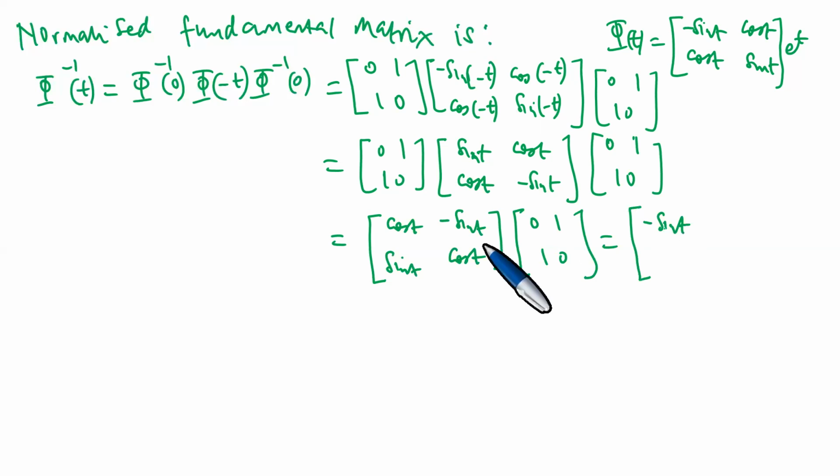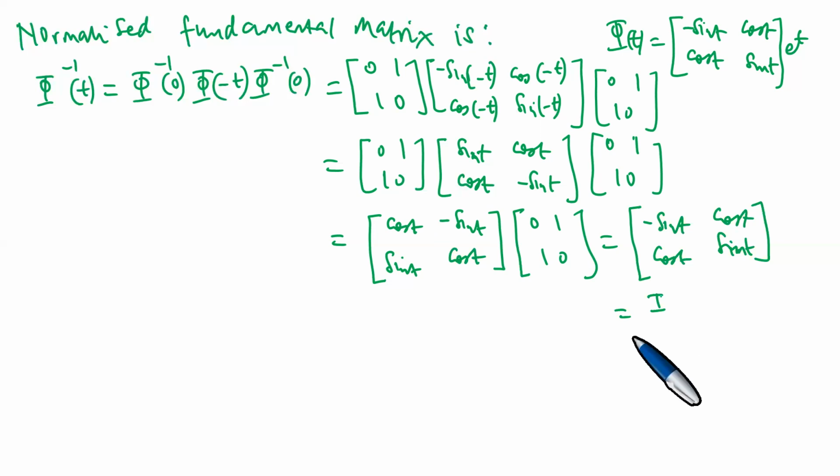And this and that is cosine t. This row and this column is cosine t. This row and this column is sine t. Okay. What is all this here? We check this is exactly this matrix. So in this case, this is actually phi of t.